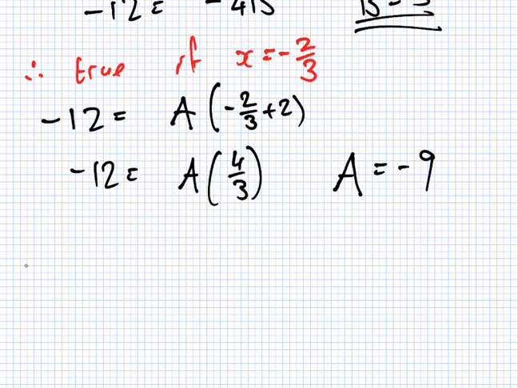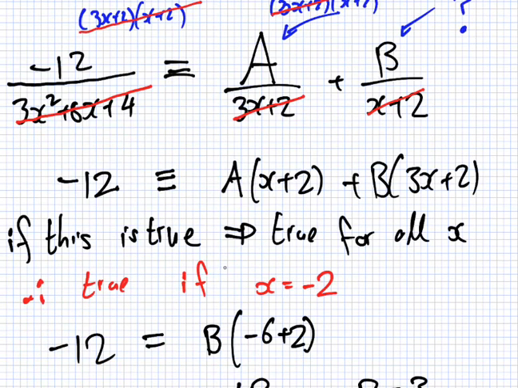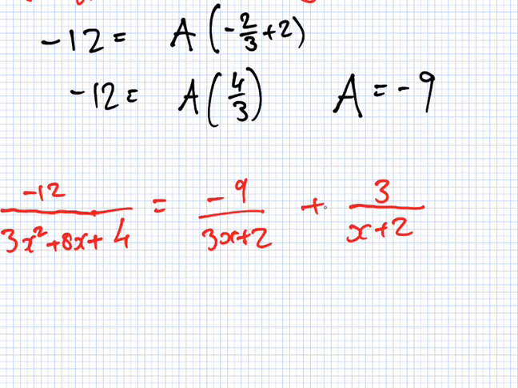So we think now that minus 12 over 3x squared plus 8x plus 4, we think that should equal a over, what was my first factor I had? 3x plus 2 plus b, and what was my second factor? x plus 2. Okay, so one way we could check if we got the right answer is we can add these two together and see if we do get this back here in the question.